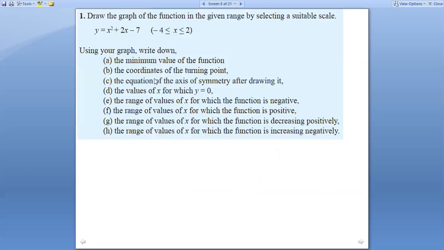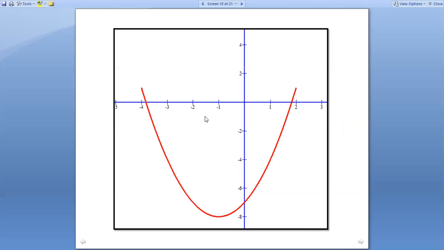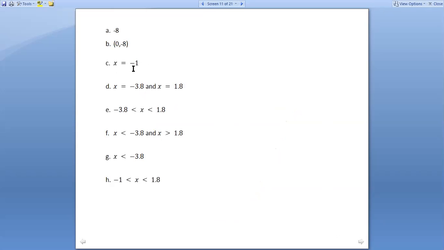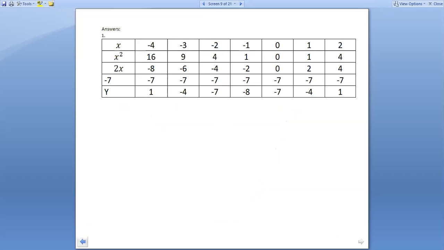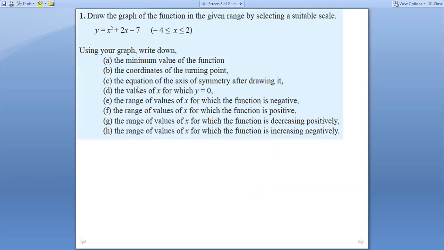The next question is the equation of the axis of symmetry after drawing it. Now, when you draw the graph, the graph will be symmetric about this axis, and the equation of that line will be x equals -1. This is the equation of the axis of symmetry. Then, the values of x for which y is equal to 0.